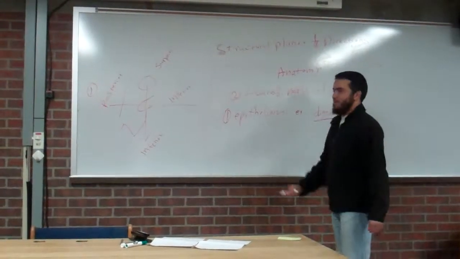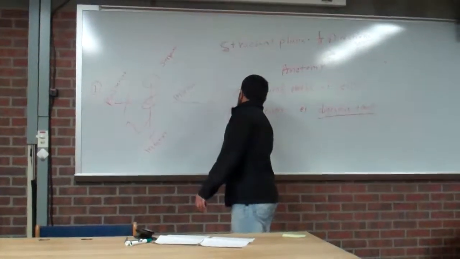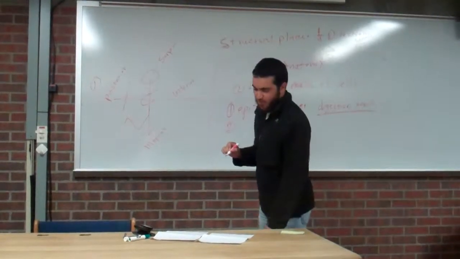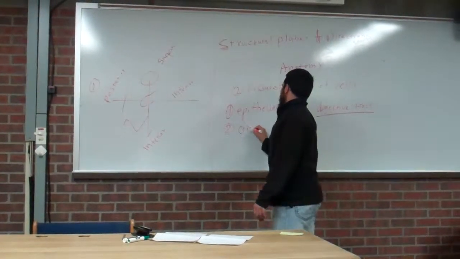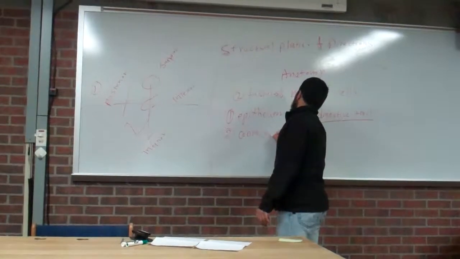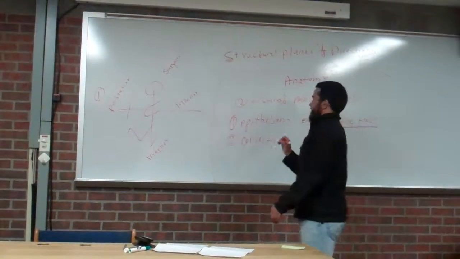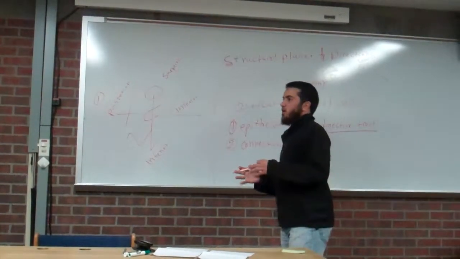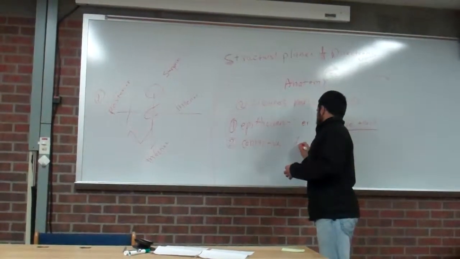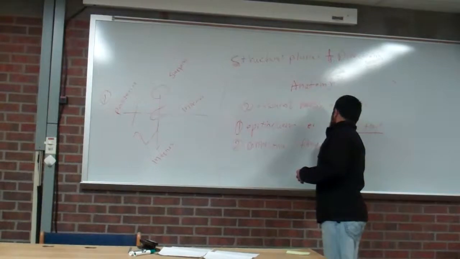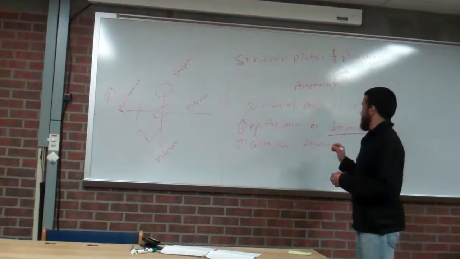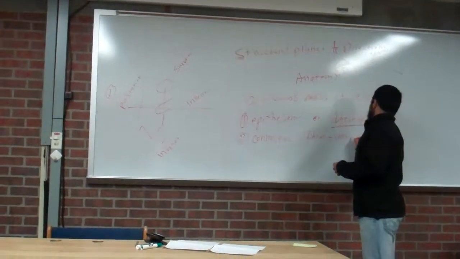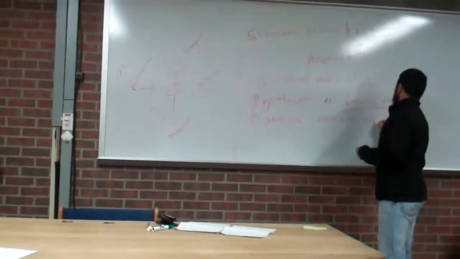is called epithelium. And the second tissue I would like to talk about is the connective tissue. This tissue consists of fibers, plus some cells, and plus matrix.